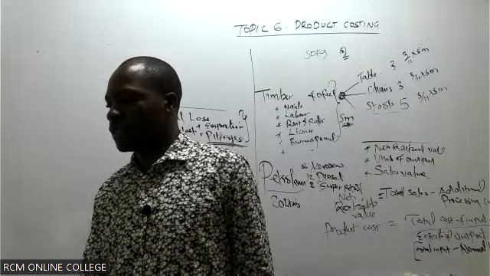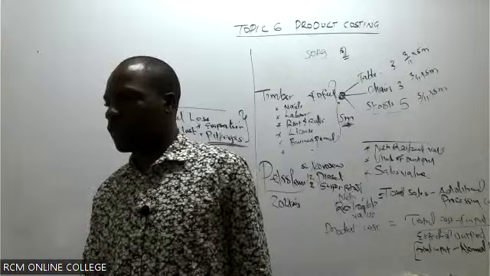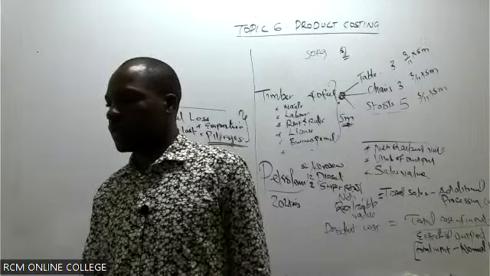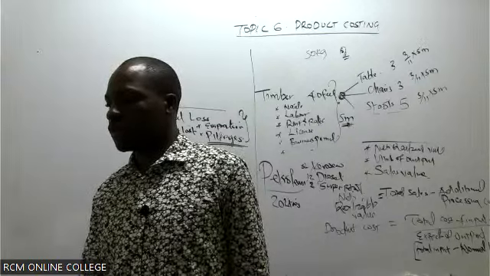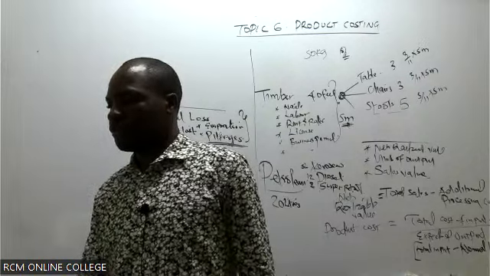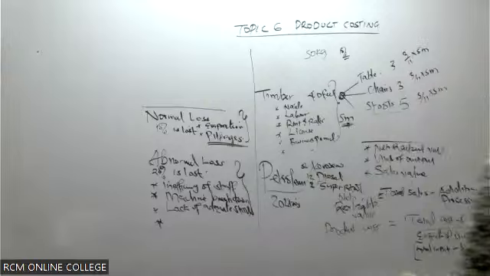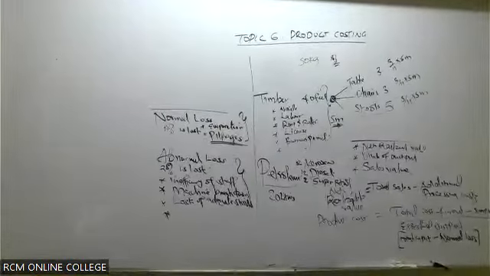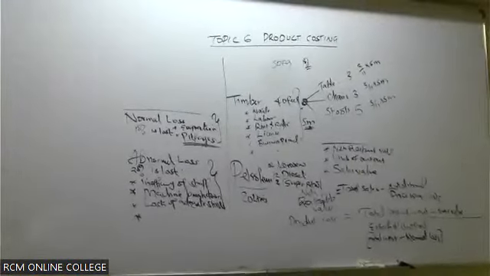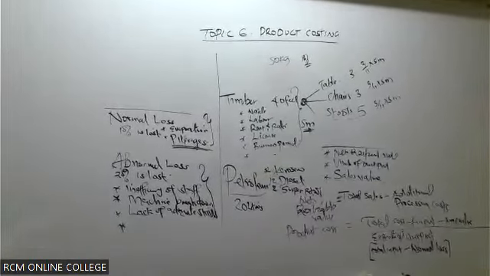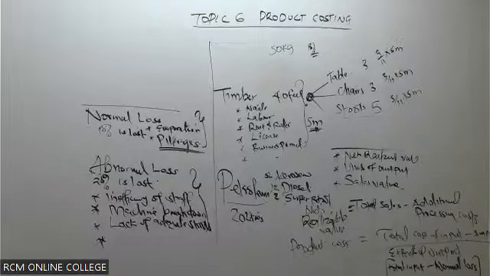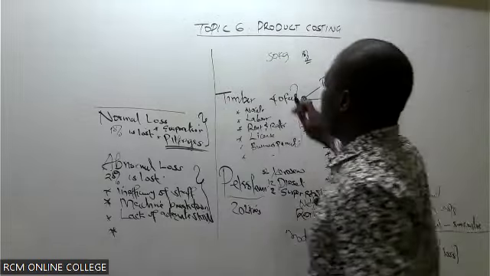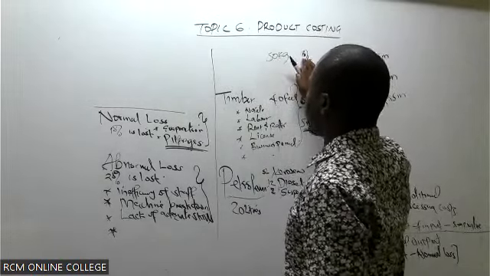If normal loss is expected loss, how do I define abnormal loss? The excess of normal loss results in abnormal loss. Under normal circumstances, you've said that anytime you bring in raw material, we expect to be losing 10%.